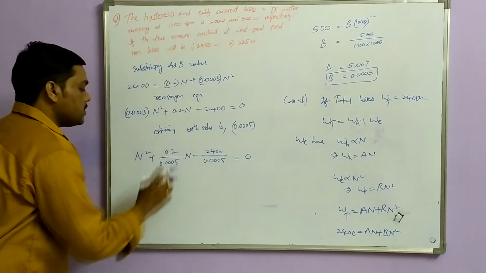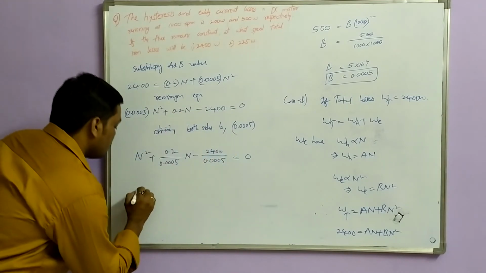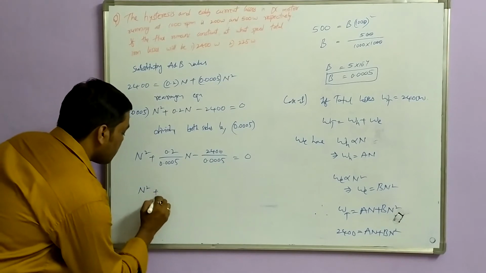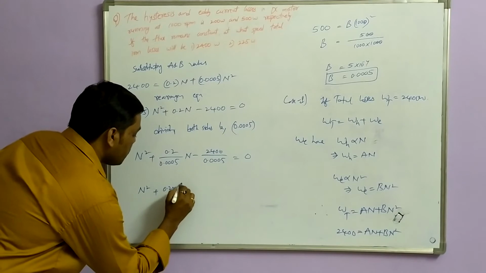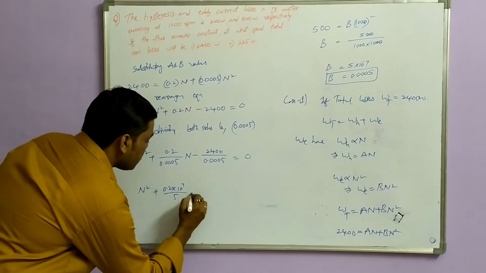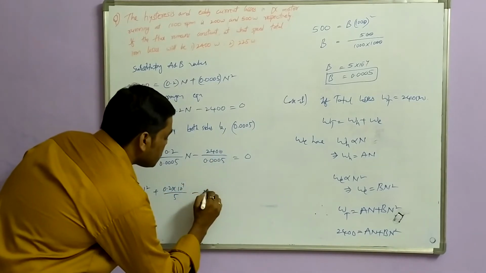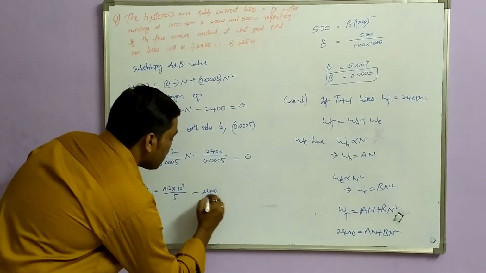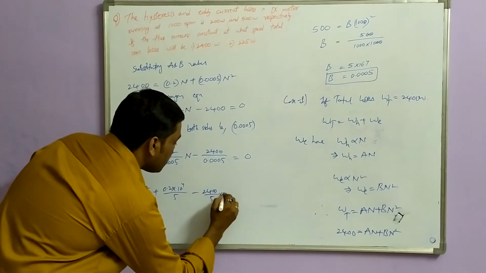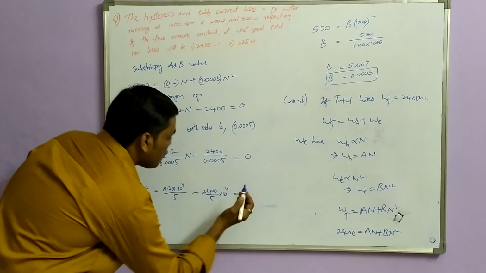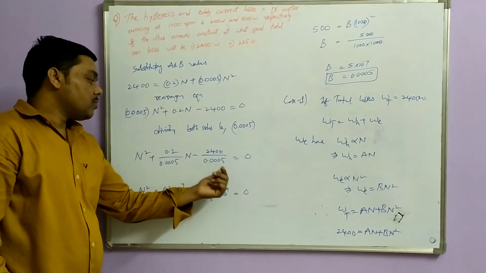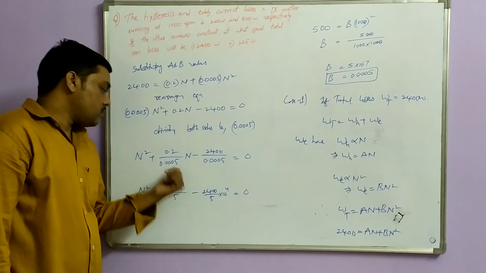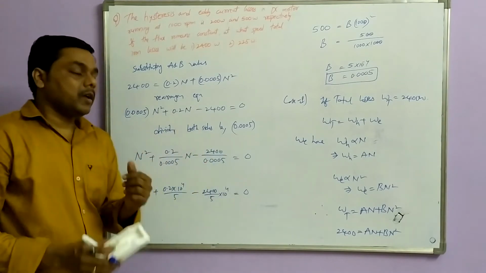Now if you calculate this term, N square plus 0.2 into 10 power 4 by 5 into N minus 2400 by 5 into 10 power 4 equal to 0. I am substituting 5 into 10 to the power of minus 4 instead of 0.005.